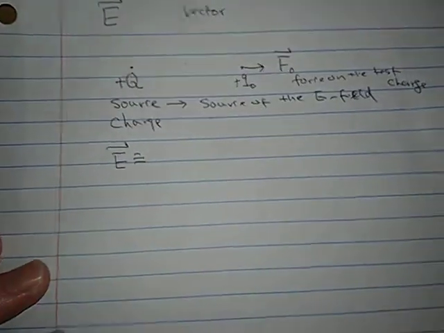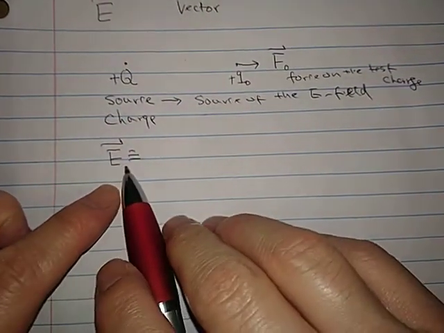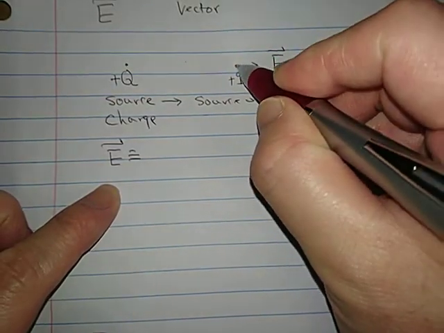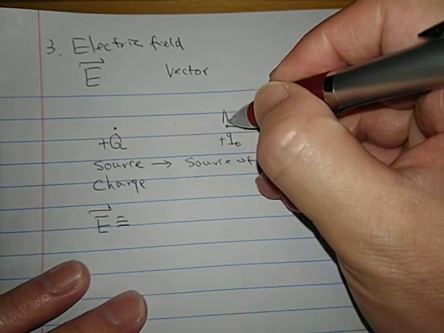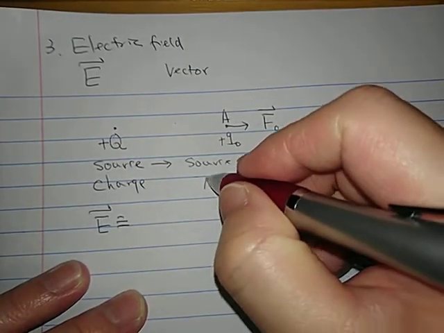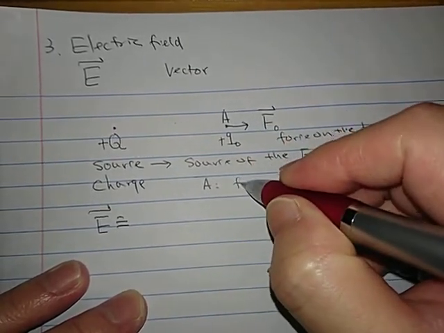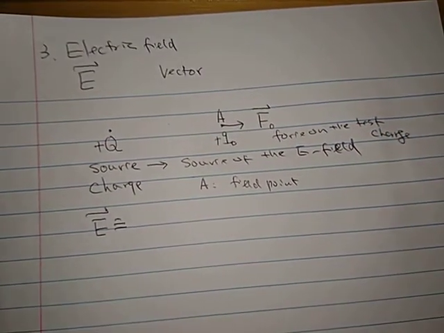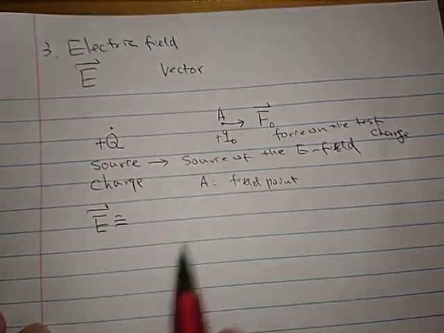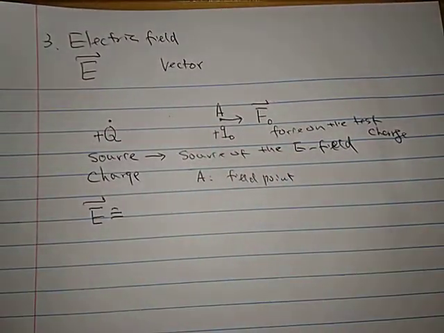We are going to define the electric field at this particular point. Now, be careful, we're going to use a special symbol, A, which we call the field point. In other words, I can choose any arbitrary point in the space, but these points are all called field points.